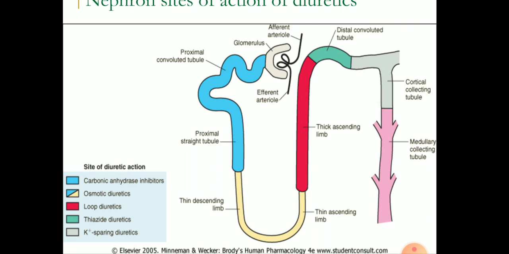There are a few other drugs, like the theophylline group of drugs, which belong to methylxanthines. Commonly they are prescribed in bronchial asthma, and these drugs also have a little bit of diuretic property.